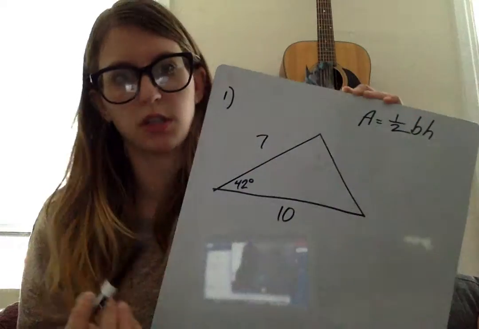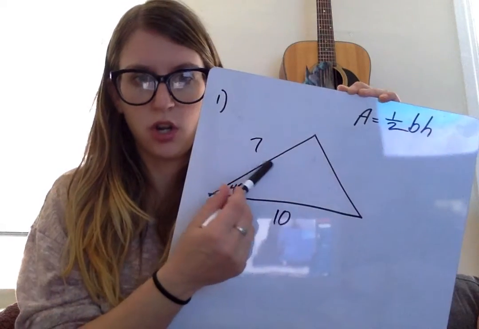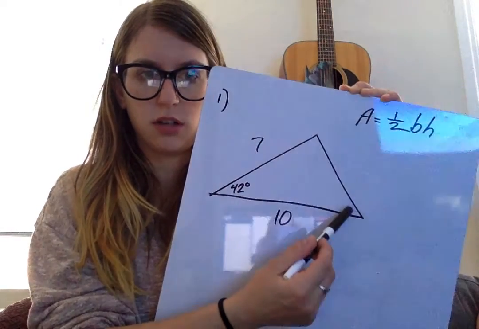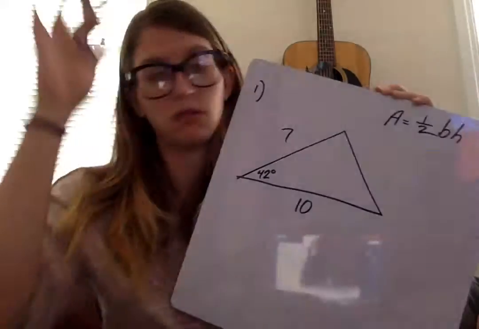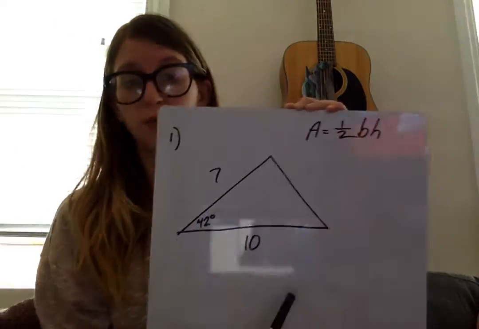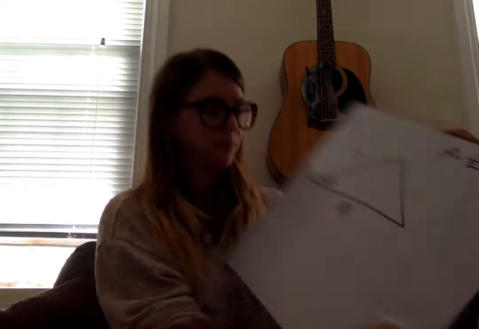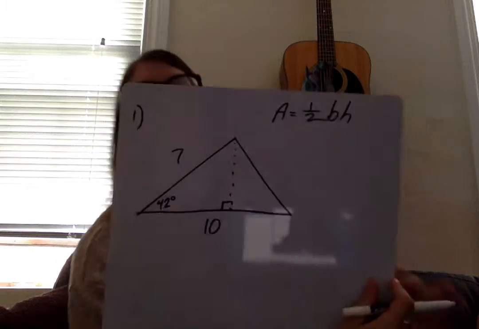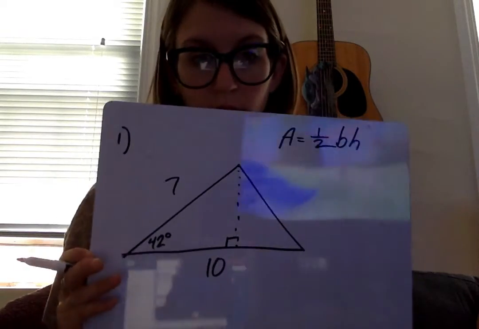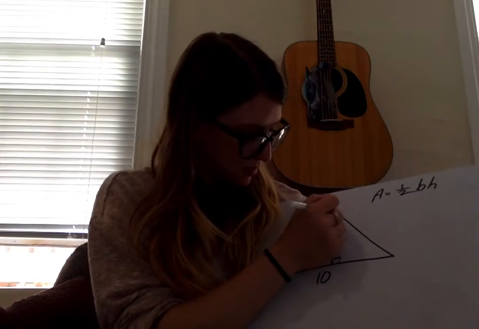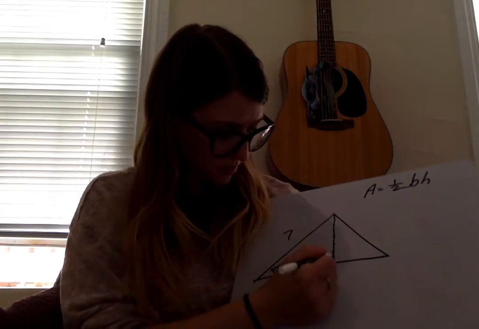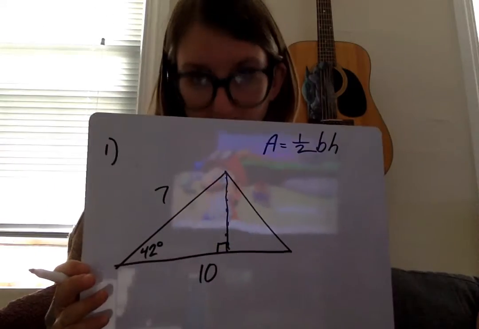And if you really wanted to be super tricky, you could draw a 90-degree angle from here to here and use 7 as the... No. If it's flat here, that's what we're going to do. We're going to make a 90-degree angle right here. So now we have a right triangle that we can mess with.